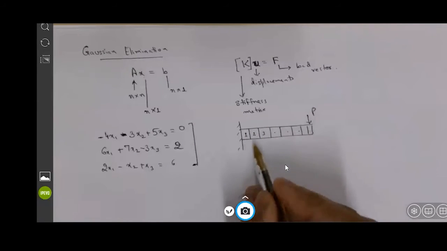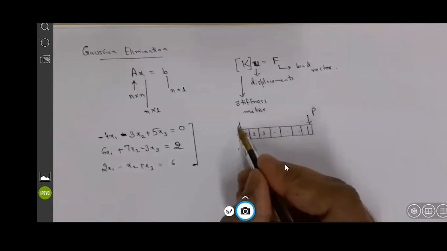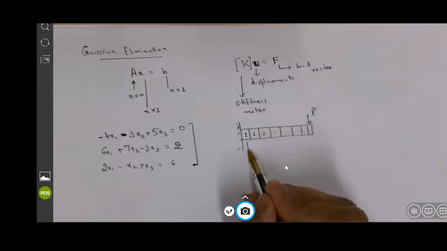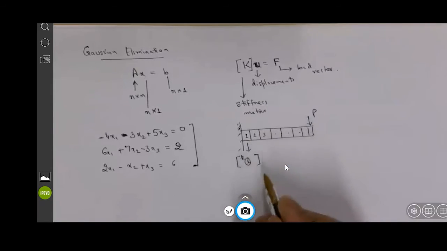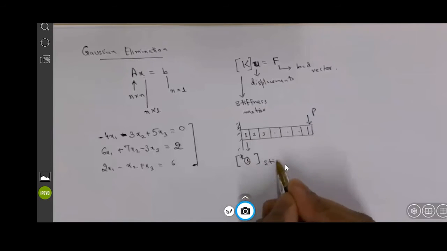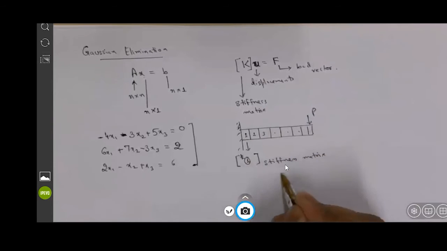The solver takes the stiffness matrix of individual elements, K1 for the first element.